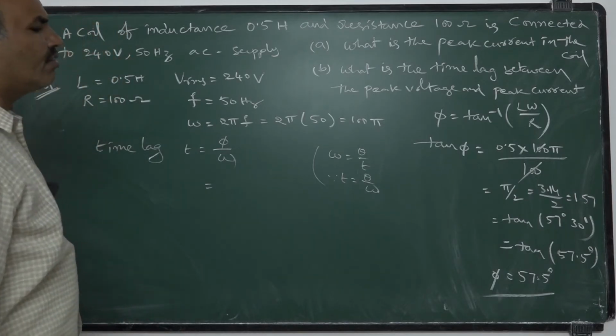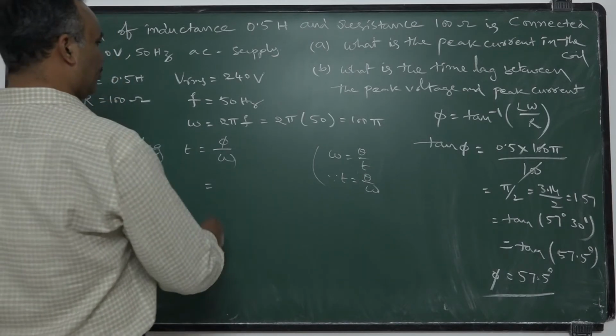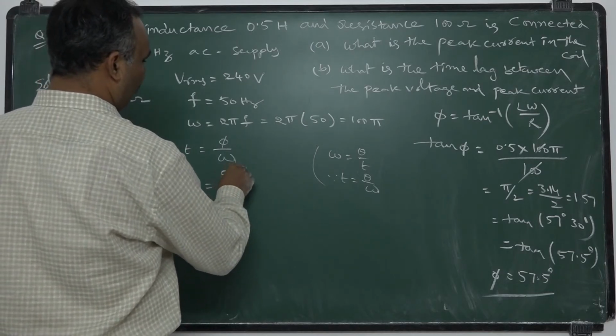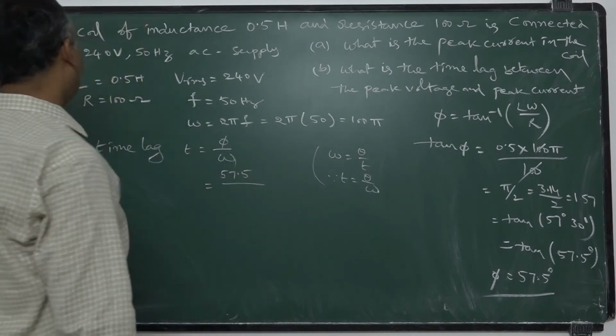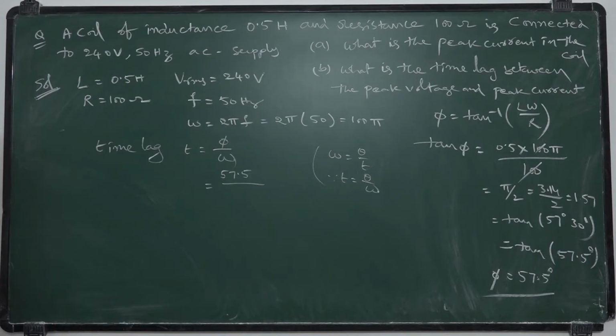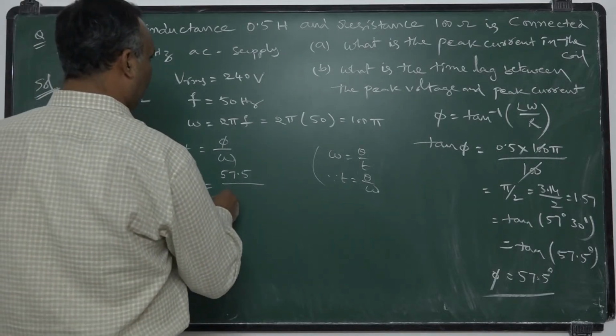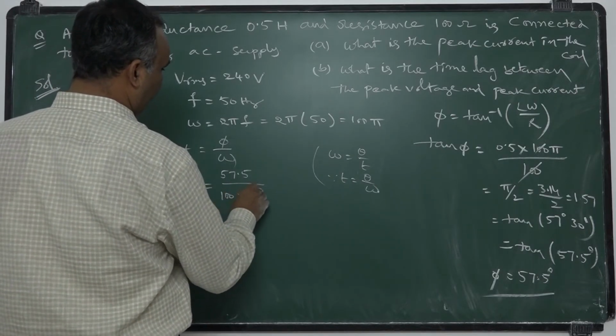Otherwise, directly you take phi value as 57.5 by omega. Omega is 100 pi, 100 into 3.14.